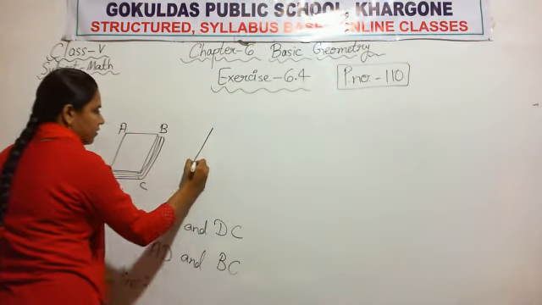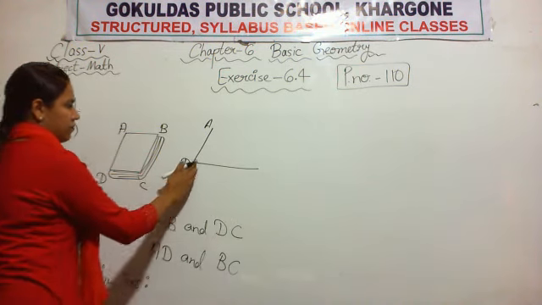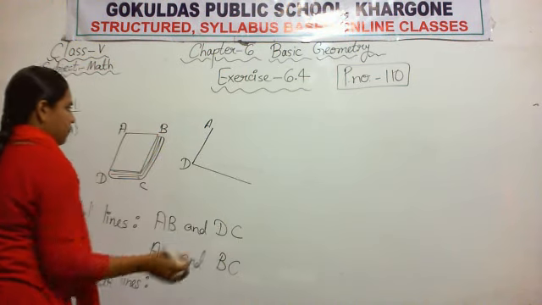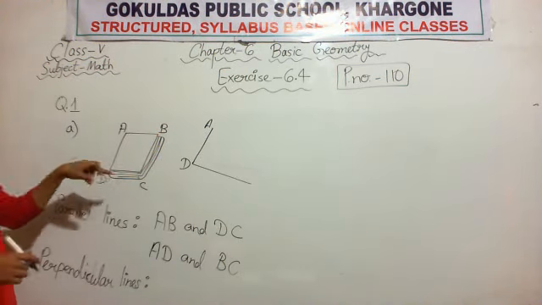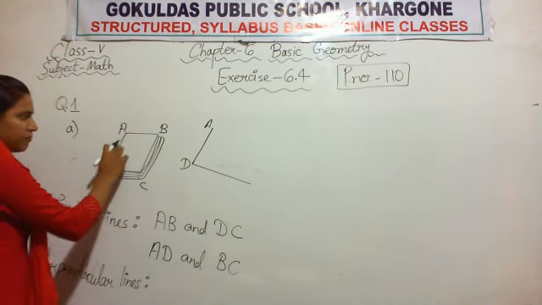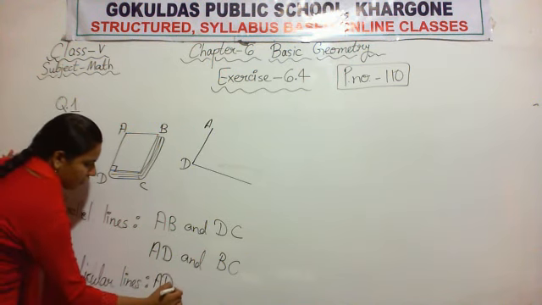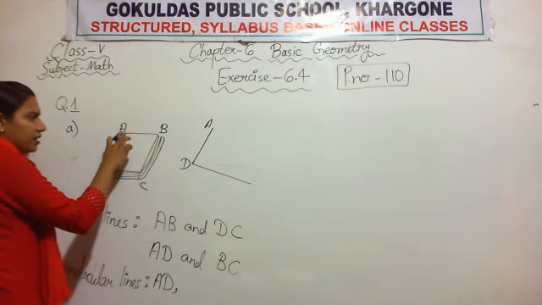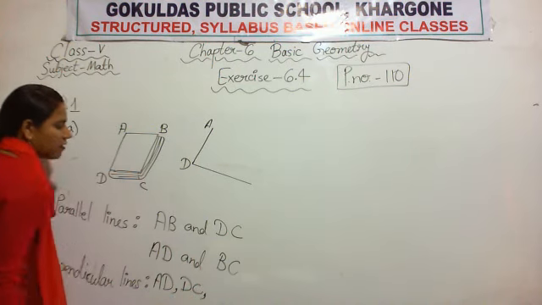Observe the line AD. Line AD is making a 90-degree angle on DC, which means AD is a perpendicular line. In the same manner, line DC is making a 90-degree angle with AD, so DC is also a perpendicular line.